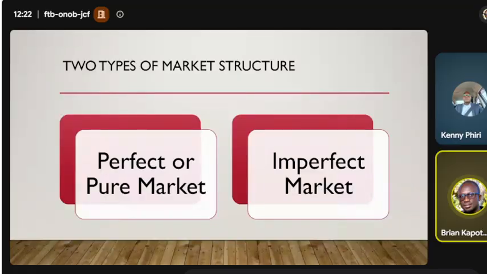We import close to 2 million metric tons of dairy products on an annual basis. Now, for the local companies here, a number of them have gone out of business because of the threat that comes with the importation of cheap milk imports.